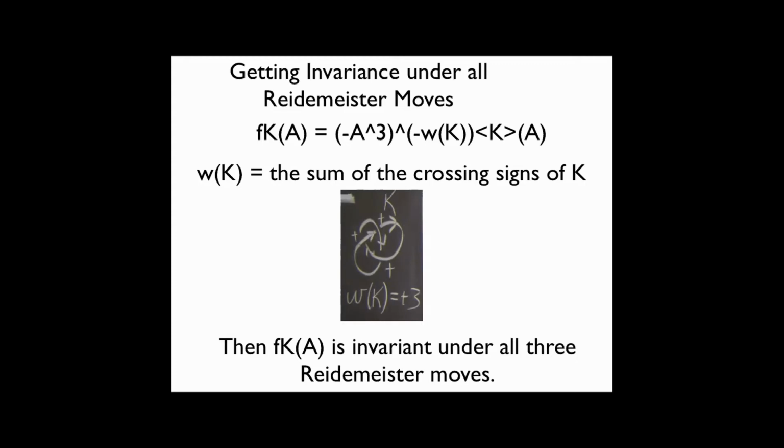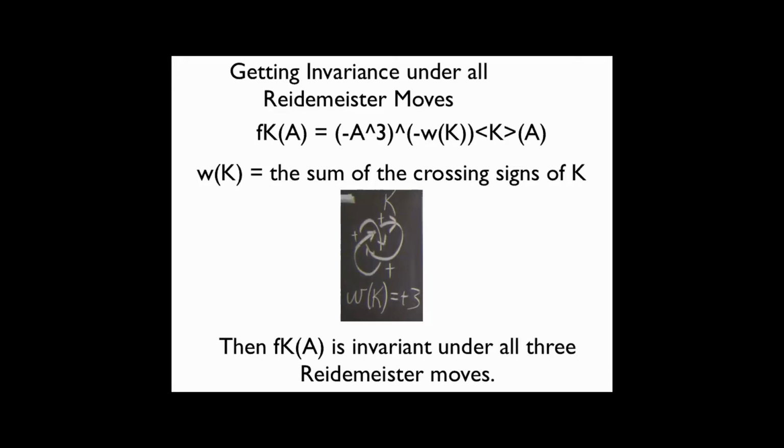And then we can normalize the bracket by taking minus A cubed, which is the value of a plus loop, raised to the minus writhe, and that compensates for the writhe change of the bracket and gives us something that's invariant. Also, when I write sharp bracket, I mean that the value of a single loop is equal to 1. It is 1 over d times the bracket that we already defined.